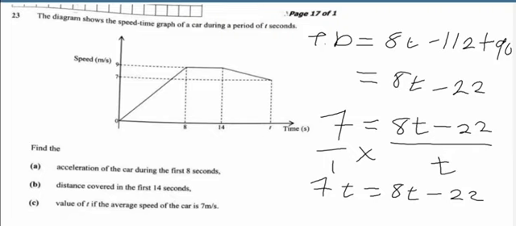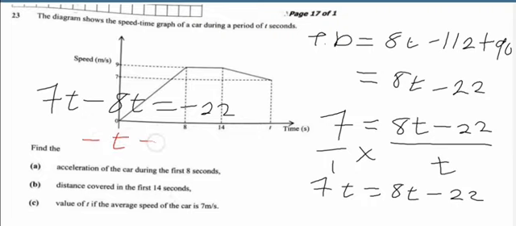Then from there, we need to collect the like terms. This one is positive 8t. When it crosses the equal sign, it is going to change to negative 8t. So we have 7t minus 8t being equal to negative 22. Then positive 7t minus 8t, we get negative t is equal to negative 22.